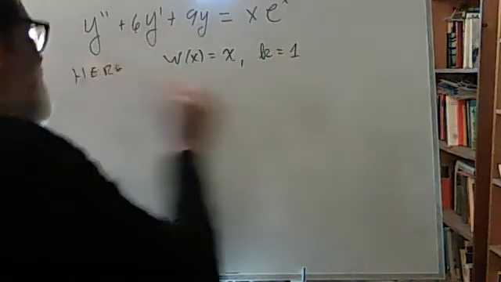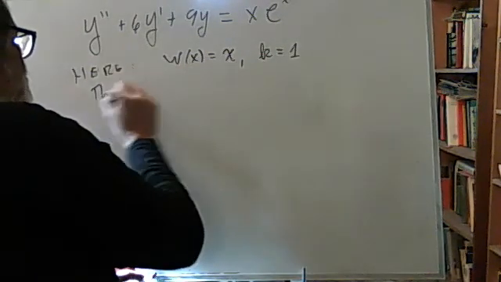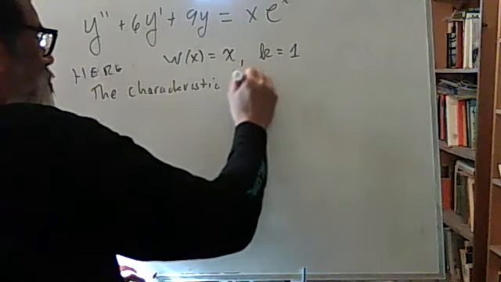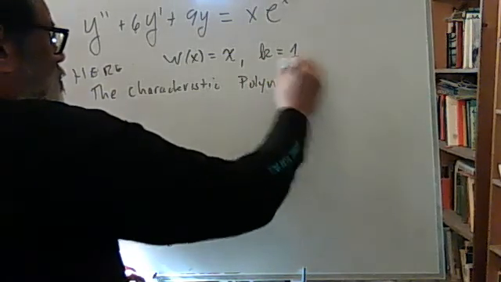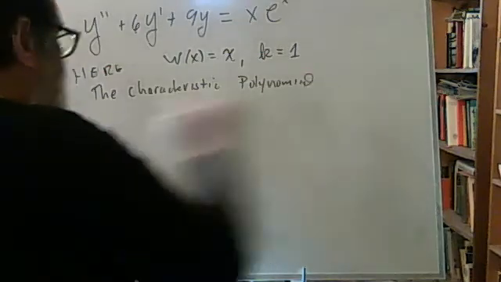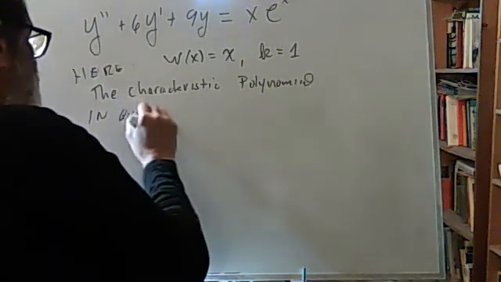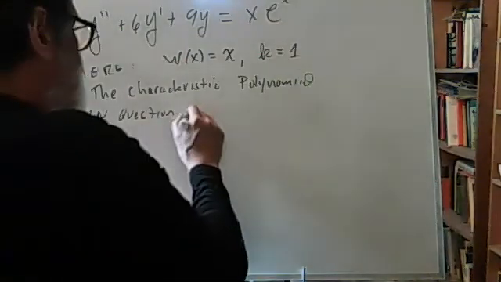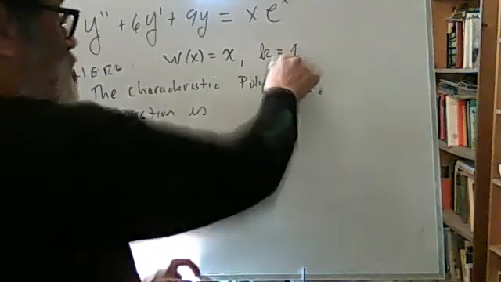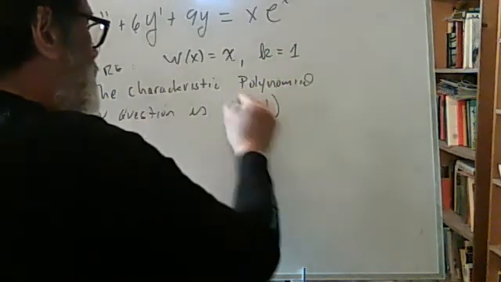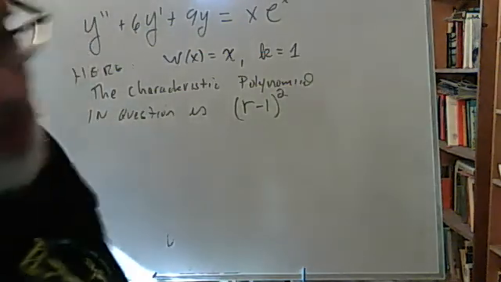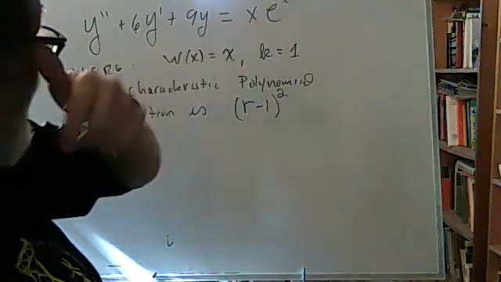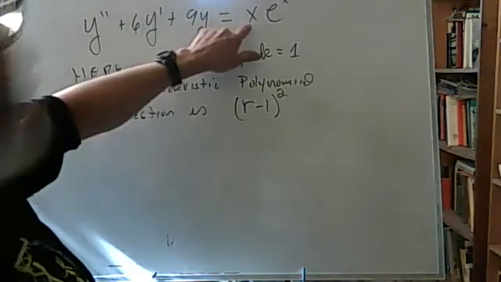So what we see here is that the characteristic polynomial in question, for this to be a solution, the root is going to be 1, so it's going to be (r minus 1) squared. Because remember, when we had a perfect square, to get a second linearly independent solution we have to multiply by x.